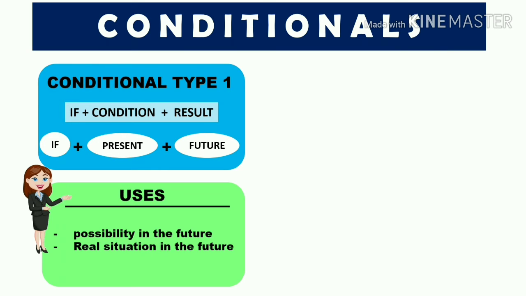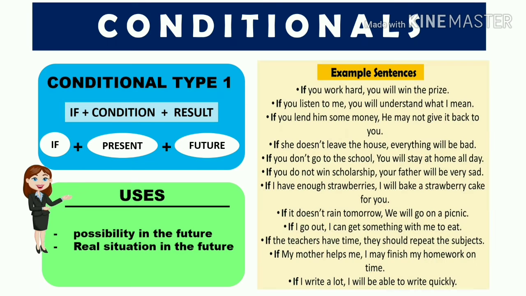So if plus present plus future. The use of conditional type 1 is possibility in the future. If you do something now, you will get a result in the future. A real situation in the future. Some examples. If you work hard, you will win the prize.